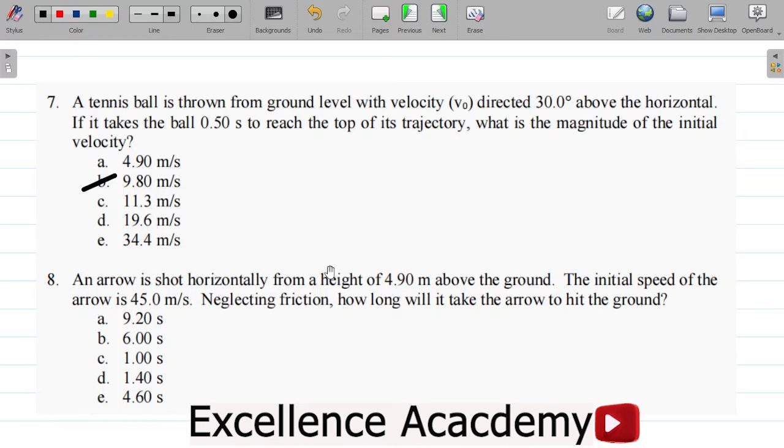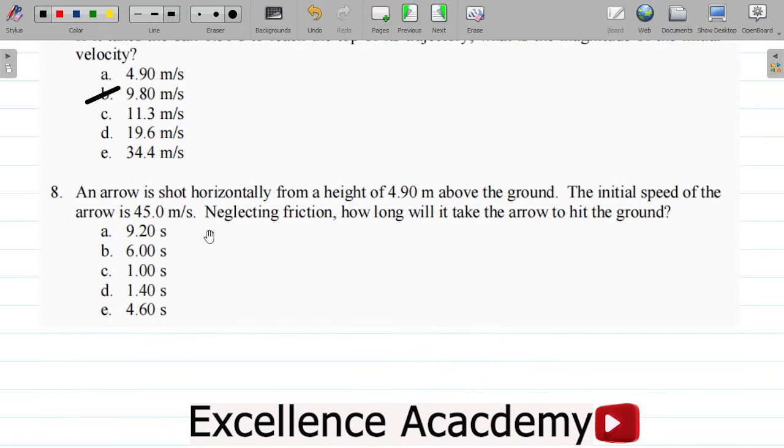In our next class, I'll show you how to solve this same question, question 7, but this time using another method. But before then, look at question 8. Question 8 says an arrow is shot horizontally from a height of 4.90 meters above the ground.